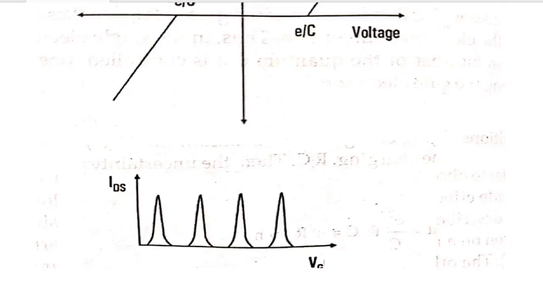So after that the current is decreasing. After the successful emission of electron, again one electron can move to the quantum dot from the source. That means again the current is increasing. After the emission of electron it is decreasing, then again increasing, then decreasing, and so on.